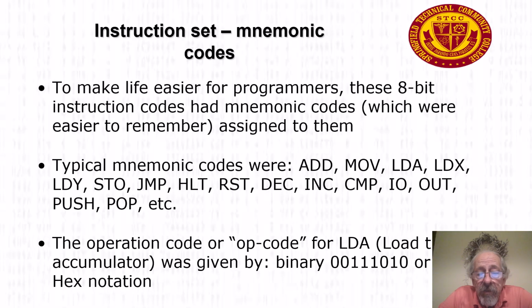As an example, for the Intel 8080, the operation code or opcode for LDA, load the accumulator, was given by a binary value of 00111010, or 3A in hex notation. So if you were a programmer, you would probably memorize all 78 different opcodes or mnemonic codes and their hexadecimal notations.